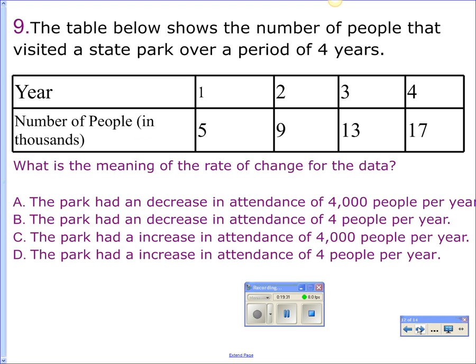All right, number 9. Let's see. Joey, you're up to read. Good. Gracie, what should I circle? What's something that's important? Very good. Zaria, what's the other word for rate of change?